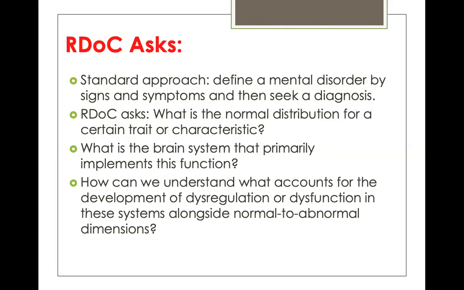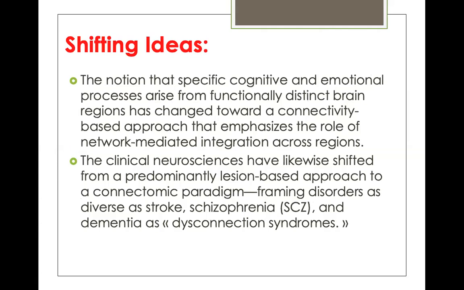And how can we understand what accounts for the development of dysregulation or dysfunction in these symptoms alongside normal to abnormal dimensions? So the idea is that everything is on a continuum, and that abnormal would consist of the extremes of the continuum in either direction.